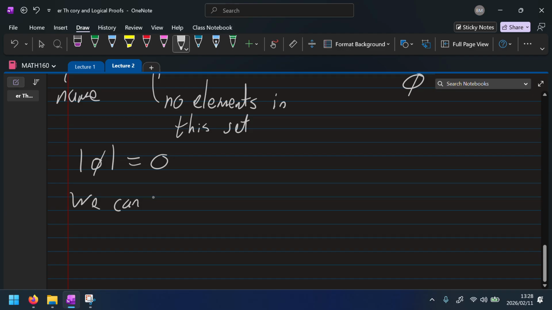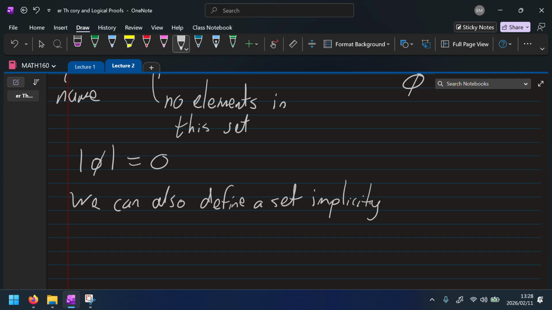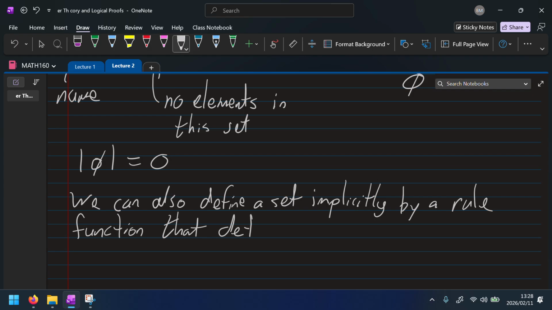Okay, so we can also define a set implicitly, by a rule function that determines if a given object is an element of the set or not an element of the set.